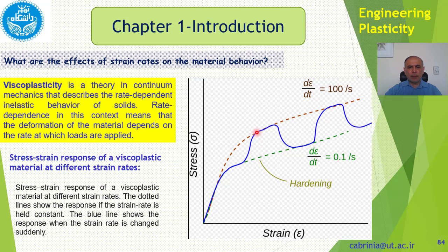And then we have kept it at 100 per second, and then again we have decreased the strain rate to 0.1, again increasing and decreasing like this. Okay, so this is the behavior of viscoplastic materials, and most of the metals at high temperatures behave viscous and they are viscoplastic.